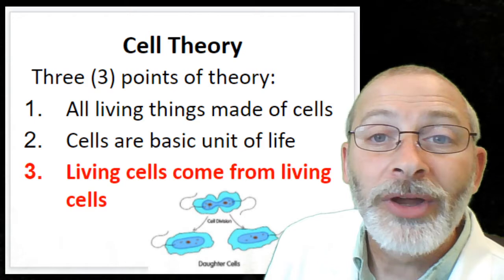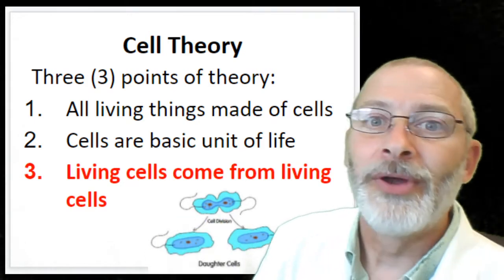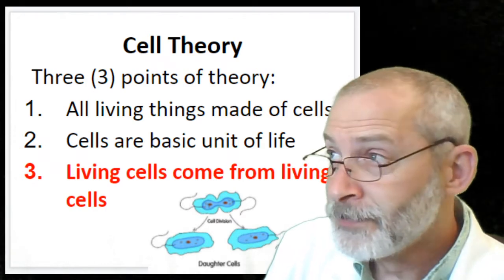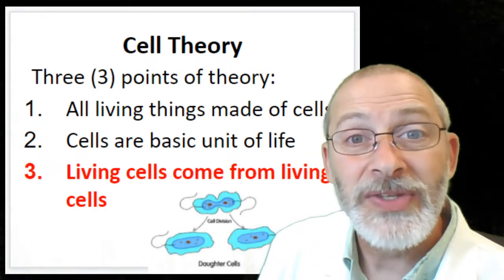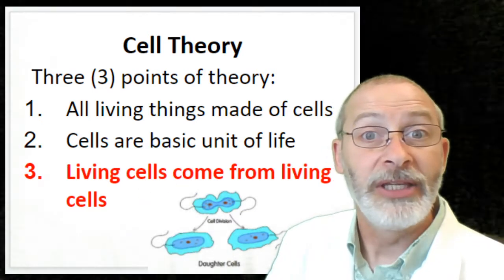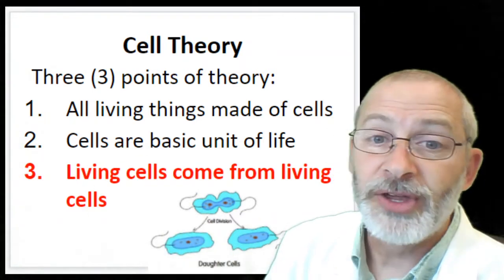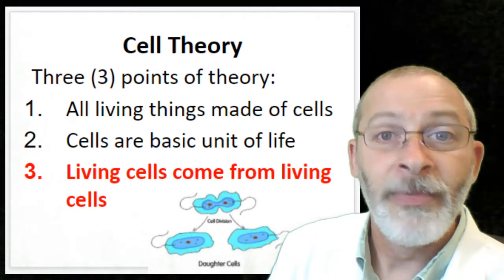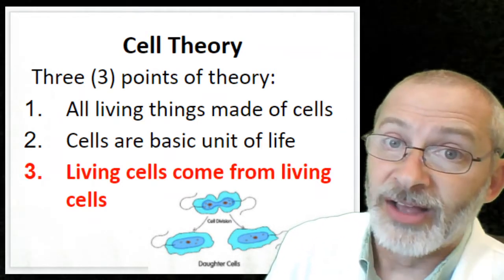It doesn't work that way, although there are genetic scientists out there who are trying to come up with synthetic ways of generating living tissue, but that's a topic for later in the year. As far as the cell theory is concerned, living cells come from living cells.